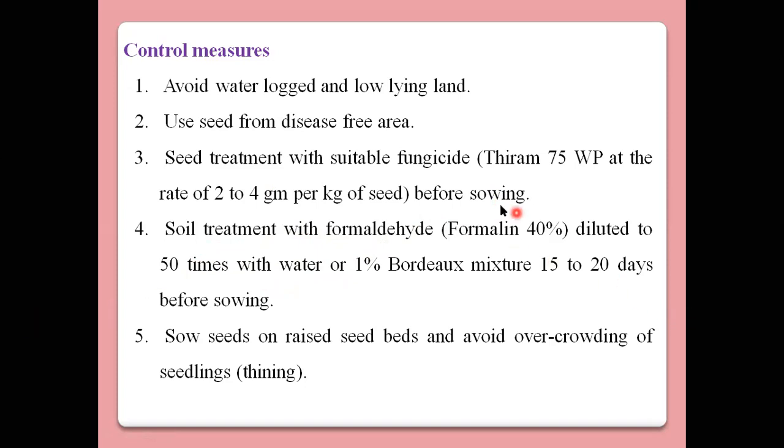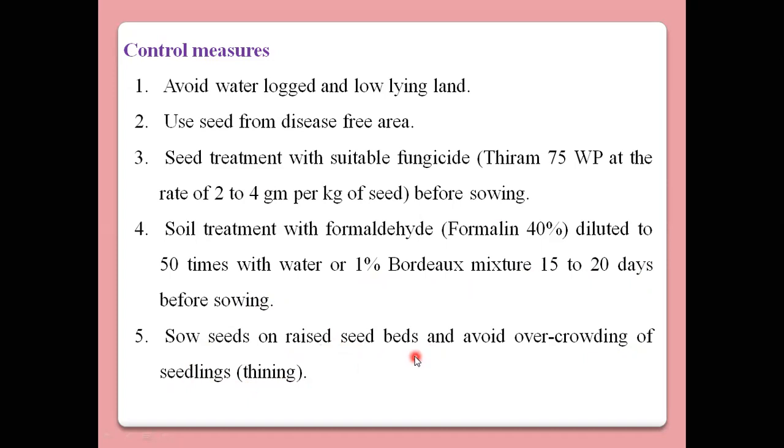For example, formaldehyde: you can use formalin 40% diluted 50 times with water and apply it to the nursery bed areas, or spray 1% Bordeaux mixture 15 to 20 days before sowing, or sow the seed on raised bed areas and avoid overcrowding of seedlings, because this pathogen mainly spreads and develops in waterlogged soils. So always sow the tomato seed in well-developed raised beds.